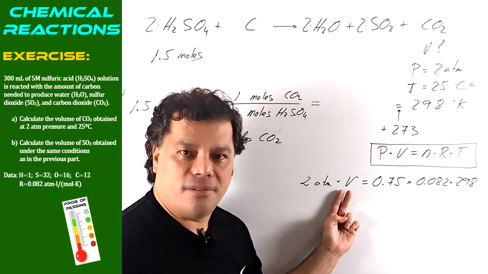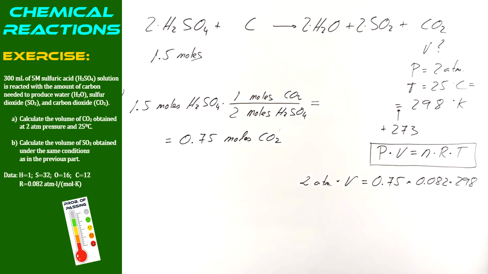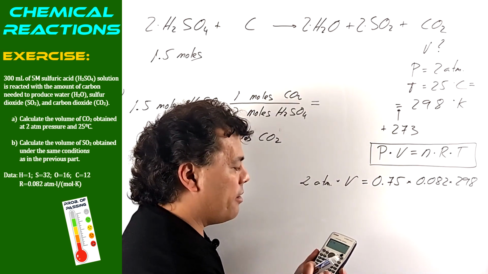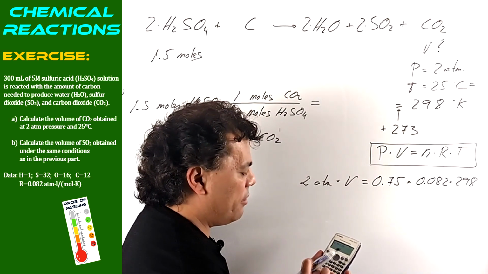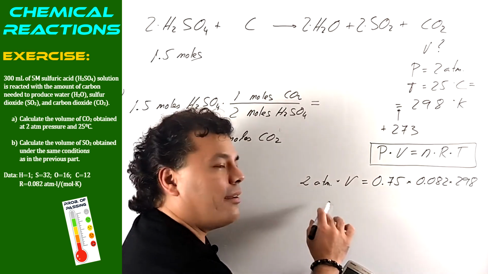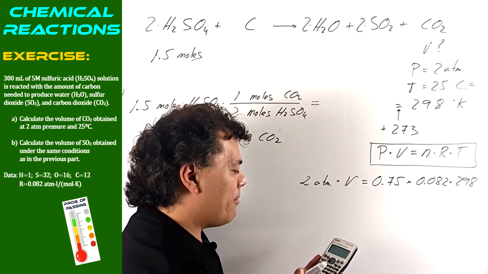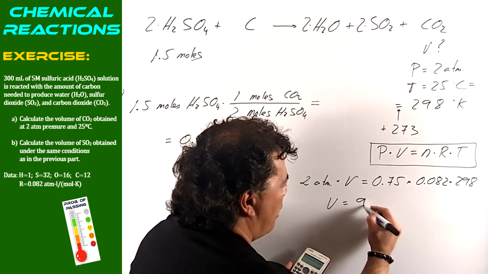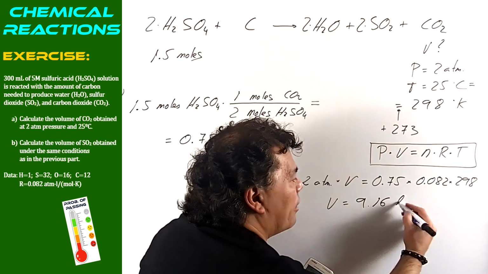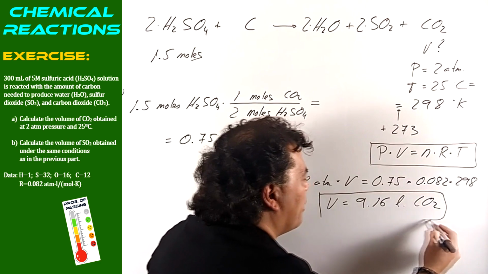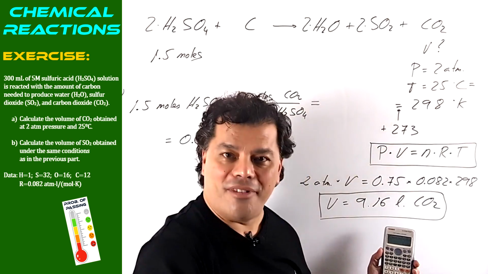So now let's use the calculator, and we have 0.75 multiplying 0.082 multiplying 298 and divided by 2. And it gives us 9.16 liters of carbon dioxide obtained under the given conditions.